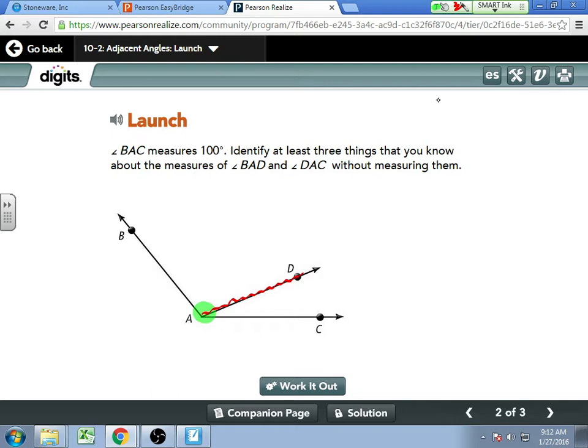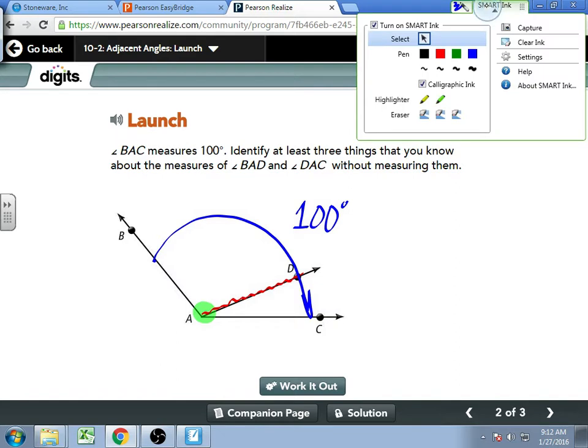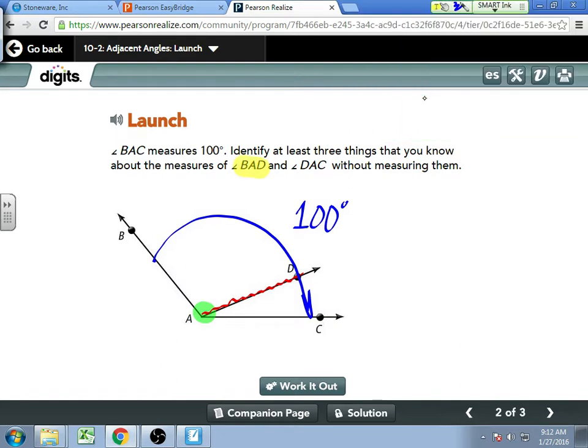So now let's look at this. BAC, my big angle here, measures 100 degrees. Identify at least 3 things that we know about BAD. So BAD is my small angle here.